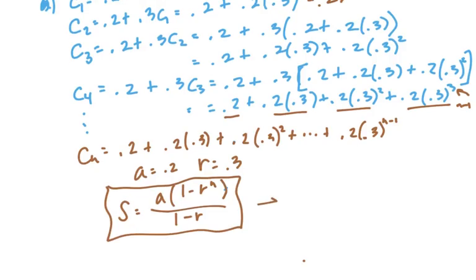So if we use that here, we could say that C sub n equals A, which is 0.2, times 1 minus 0.3 to the n over 1 minus R, and R is 0.3.